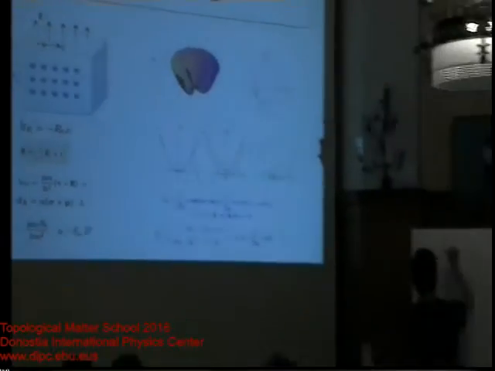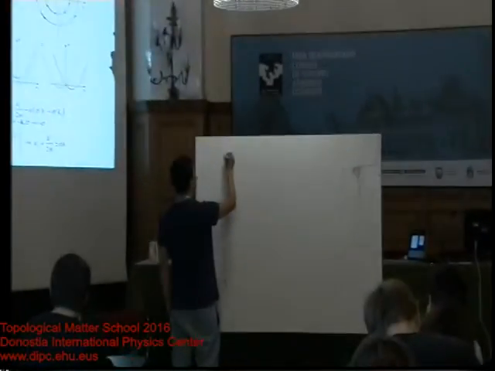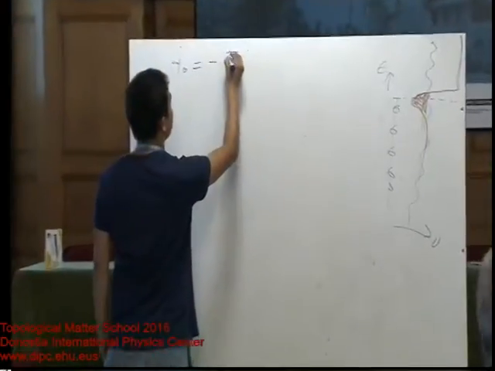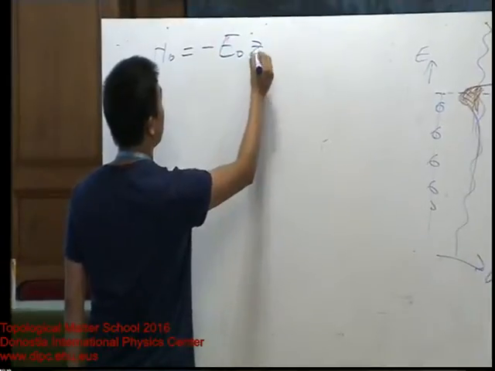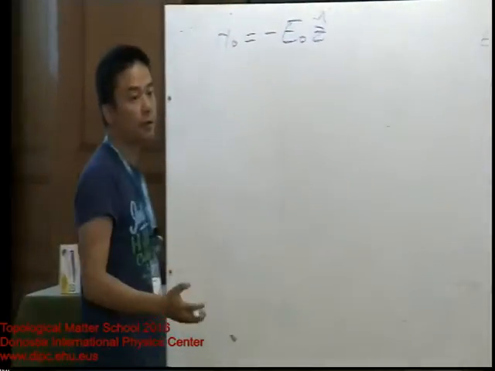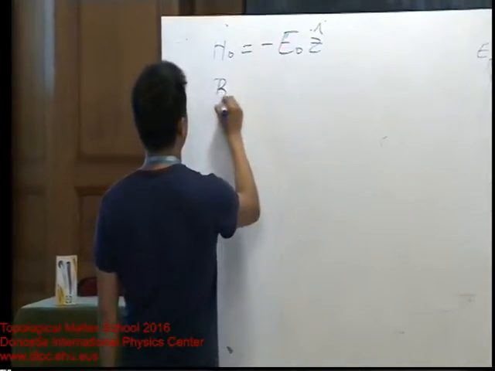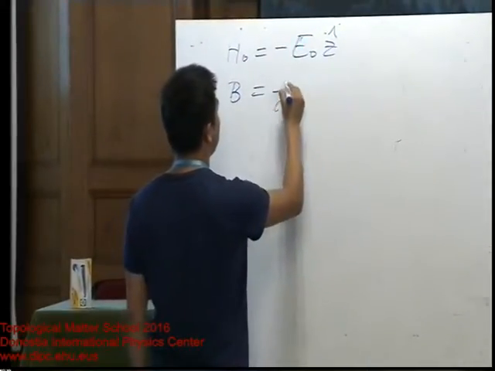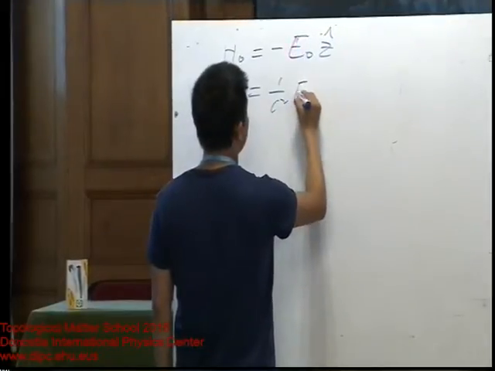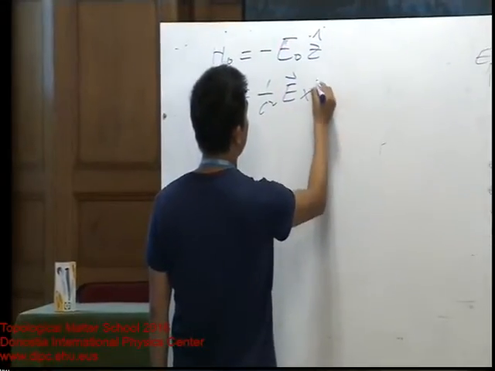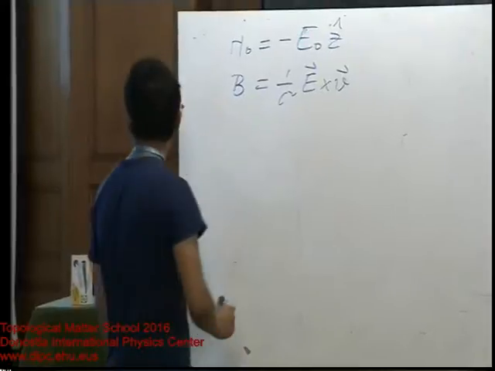Then you will see, first, what happened? This is the electric field. The electric field is along the z direction, out of the plane. And we have the magnetic field. It's related to the E cross V. V is the velocity of the electron.